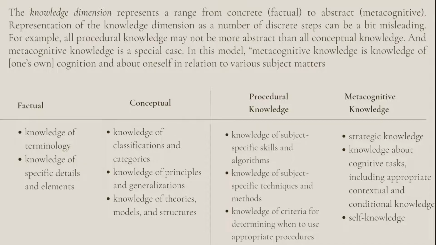The thinking levels move from the simplest to the most complex, which are remember, understand, apply, analyze, evaluate, and create. The knowledge dimension includes the four knowledge categories, which are the factual, conceptual, procedural, and metacognitive. The knowledge that teachers aim to teach.